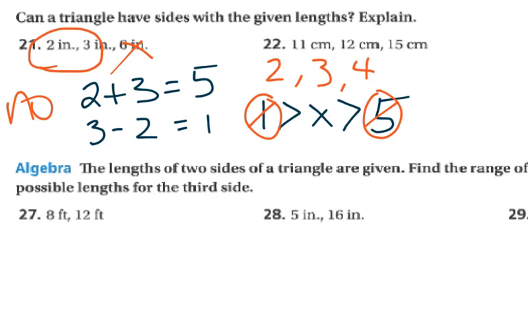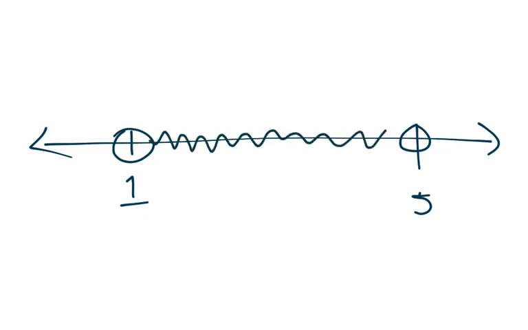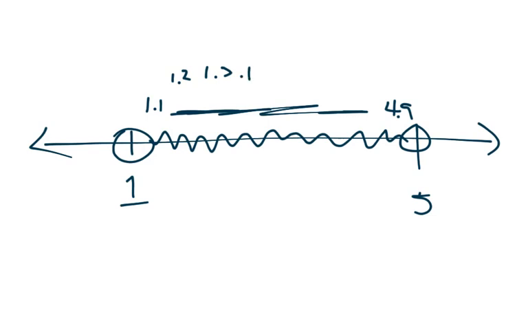Hopefully this is making sense. I might draw a number line. So for example, here's 1, and here's 5. On a number line, open circles mean that they cannot include that number, but anywhere in between works. So think about this. I have 1.1, and I have 4.9. Anything in between there would work. So I got 1.2, 1.3, 1.4, and so forth.